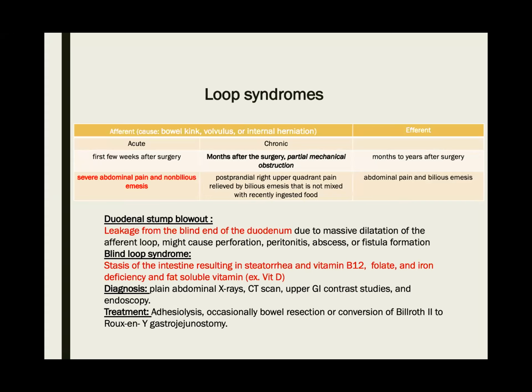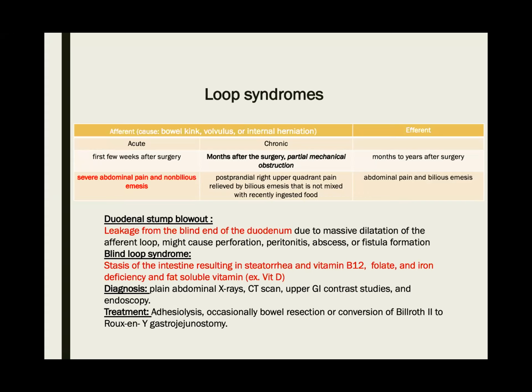So acute, of course, is going to happen a few weeks after surgery. The chronic takes months to years, especially in the efferent. And the afferent, it's months after surgery, and it's related to partial mechanical obstruction.